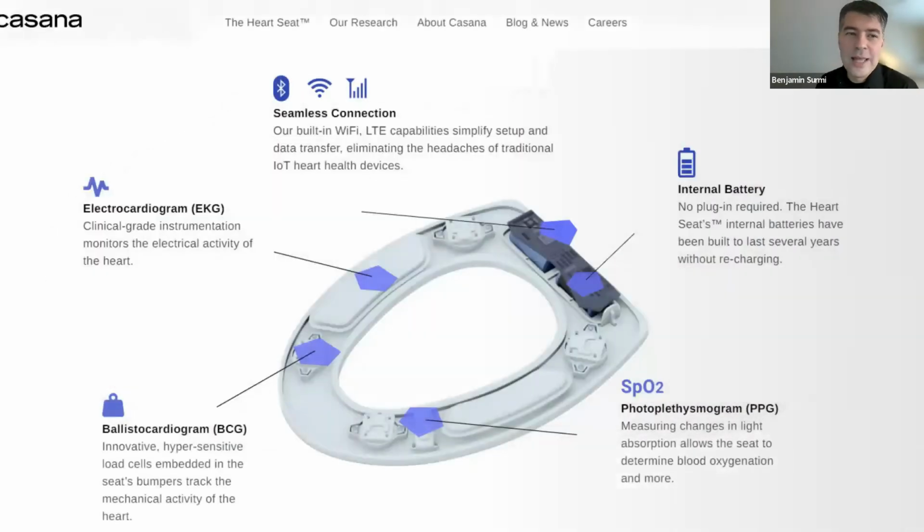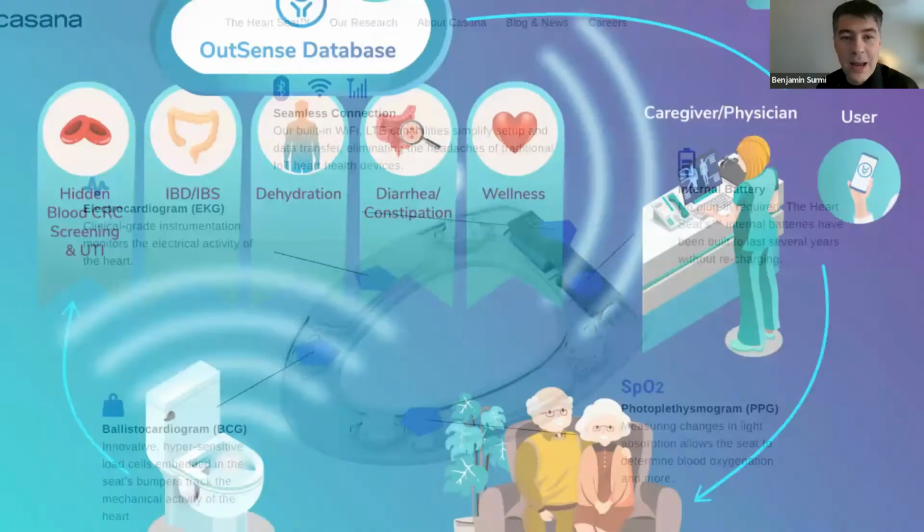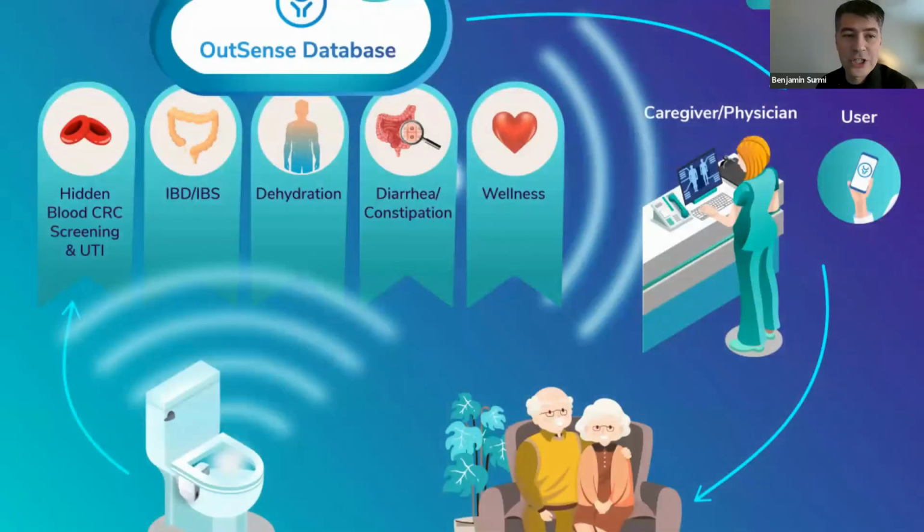This is a tool that is designed to help you keep track of things related to an older person who doesn't like lots of invasive health testing, let's say. So it's just a toilet seat, but it is monitoring for diarrhea, dehydration, IBD, all kinds of wellness markers, and letting the family know.